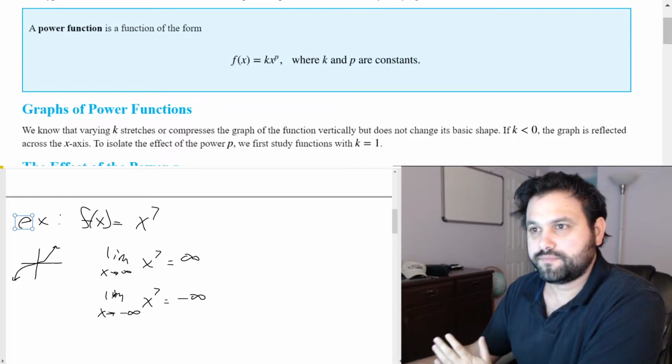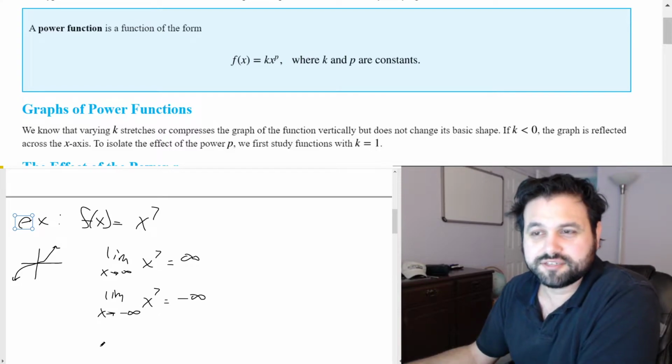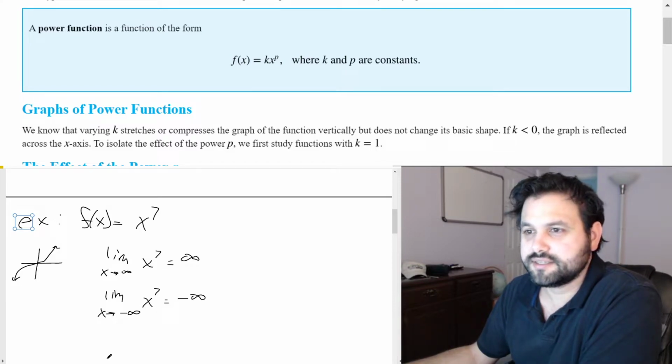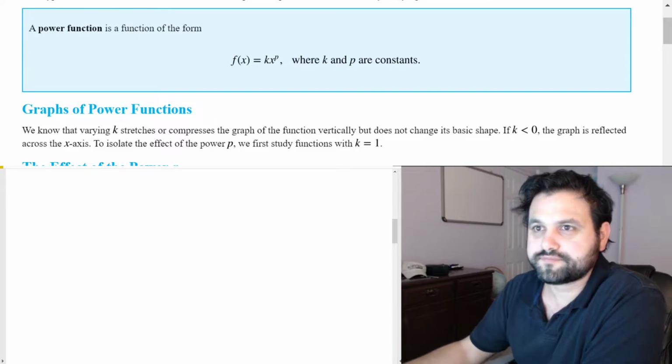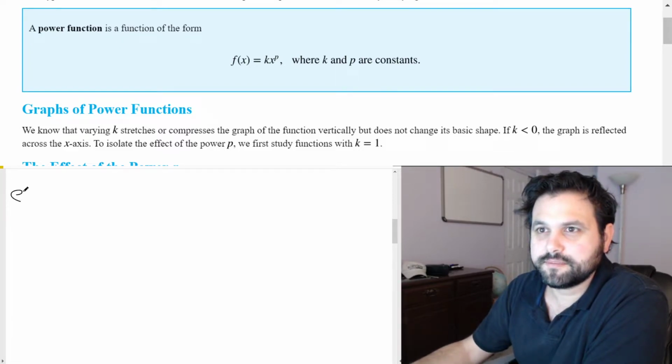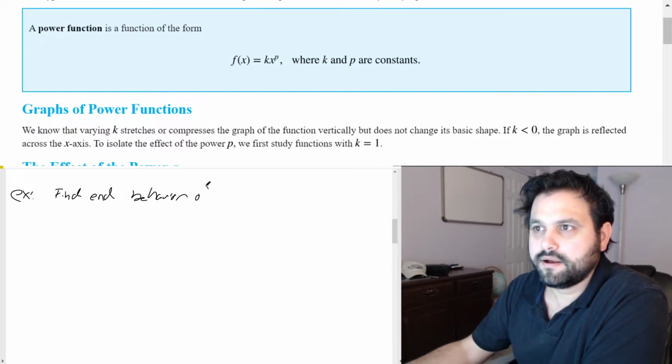Now, those aren't the only two cases really, because what can happen is, let's take a look at something else. So let's take a look at this example. Let's find the end behavior of f of x equals negative 6x to the 5.